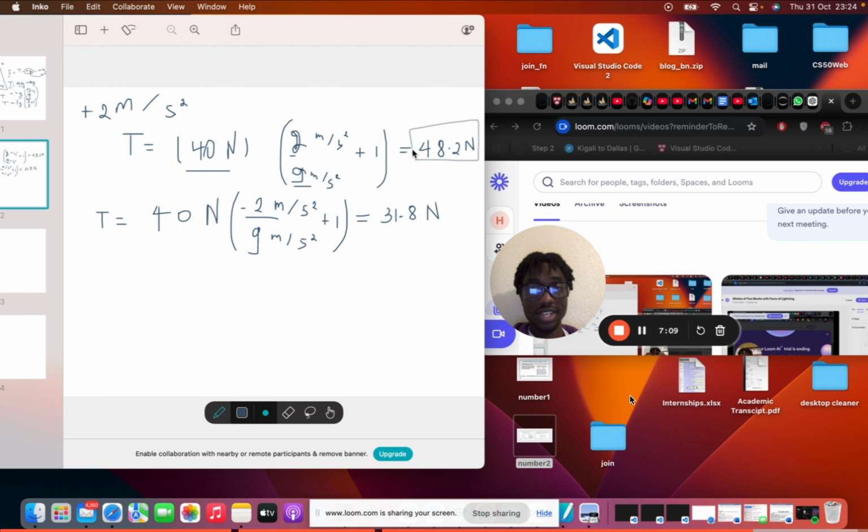This gives us 48.2, and as you can see, this reading is greater than 40 newtons, which is the weight of the actual fish. If we're moving upwards, the weight is multiplied by this variable, and the reading will be greater than the actual weight. But if the elevator is moving downwards, it gives us a negative 2 meters per second squared acceleration, so it will be negative 2 over 9.81 plus 1.